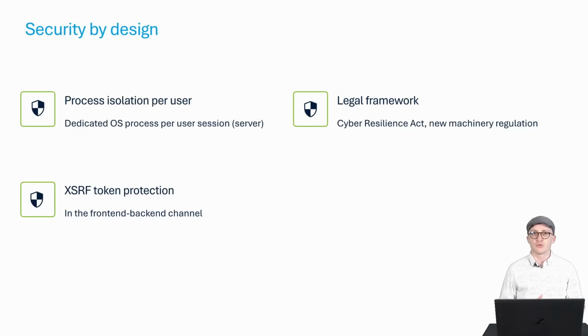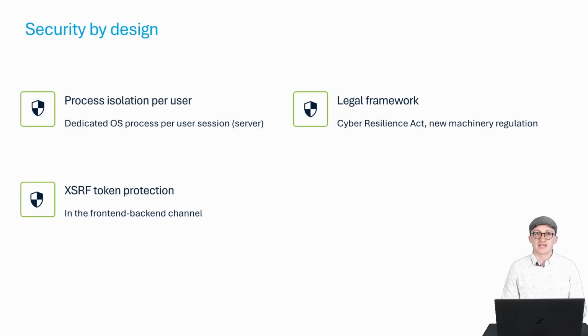That means if one session crashes, no other user is affected. Modern encryption is used throughout, and authentication mechanisms including XSRF token protection are built into the communication between front-end and back-end.